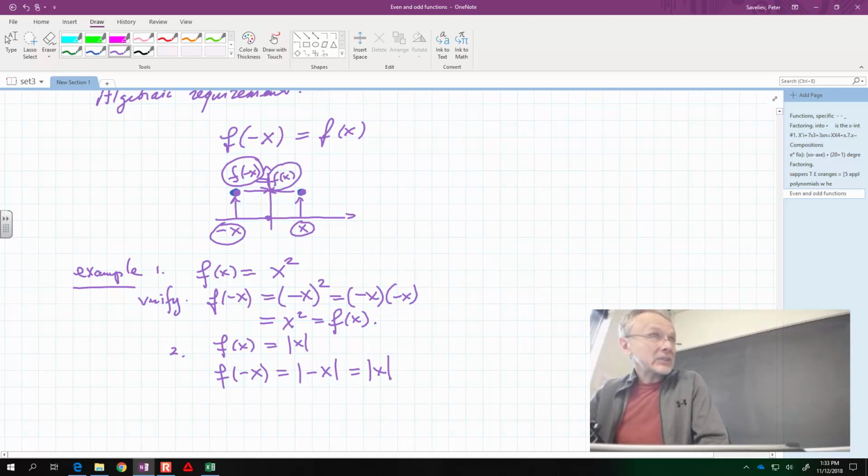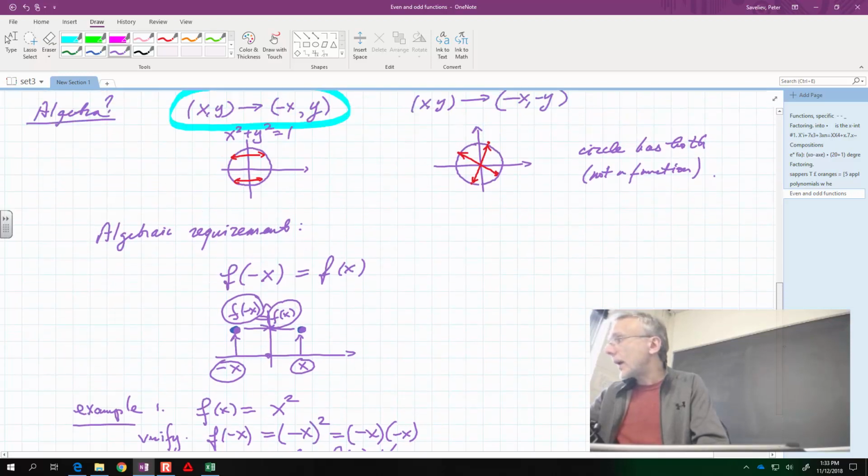It cancels out the negative sign, if any. So the absolute value of x is the same as the absolute value of negative x, and so once again it checks out. Okay. So there will be more examples, but at this time these two are enough.